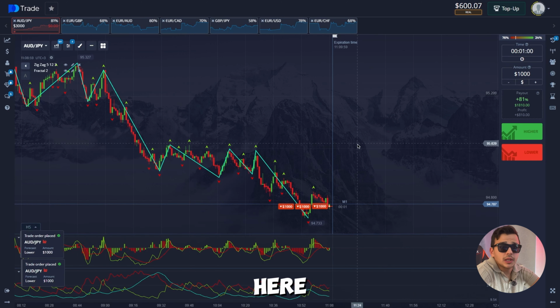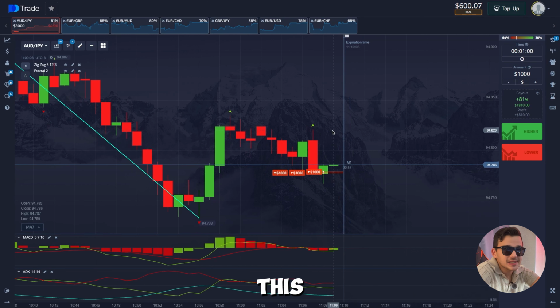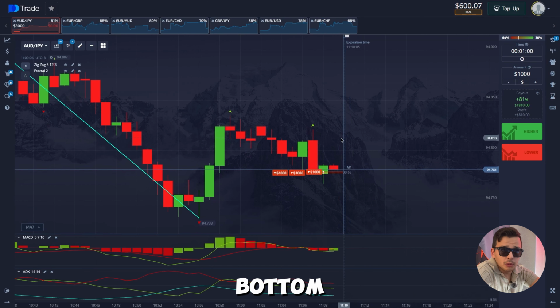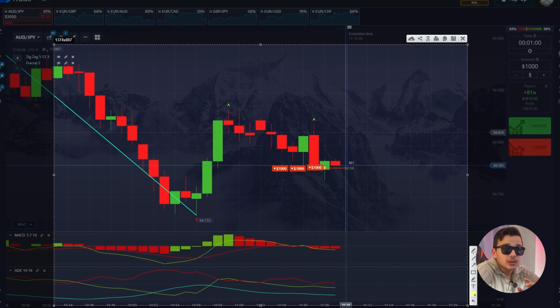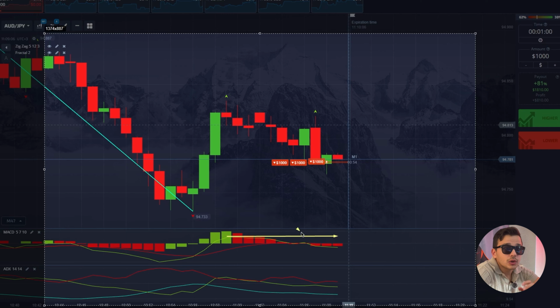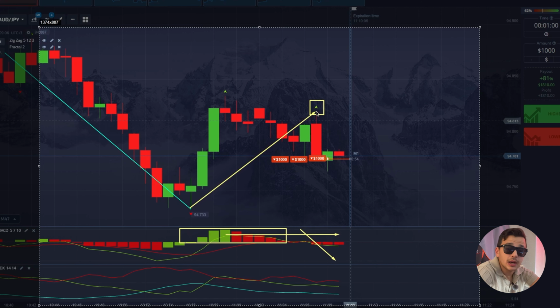Three trades open here on the downside in the direction of the trend. Again, we are doing this. We have seen a top to bottom crossover here on the moving MACD. We have seen good volumes shown earlier on the MACD histogram. Here we see a price high update, and accordingly after this pullback, I think it should be moving down.